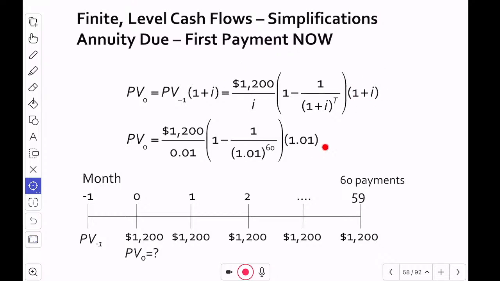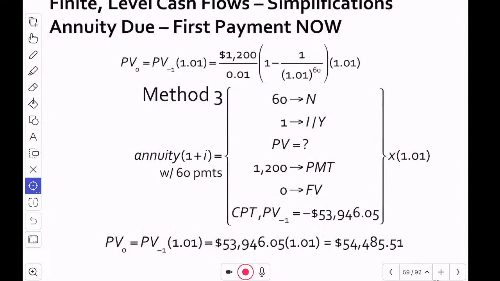And this is what I believe is programmed into your calculator. So when you put on begin mode, it makes this adjustment using the regular annuity formula. This will give you the same answer. This I call method 3. So regular annuity will give you this amount, and then you have to multiply by 1.01 to get the same final answer.